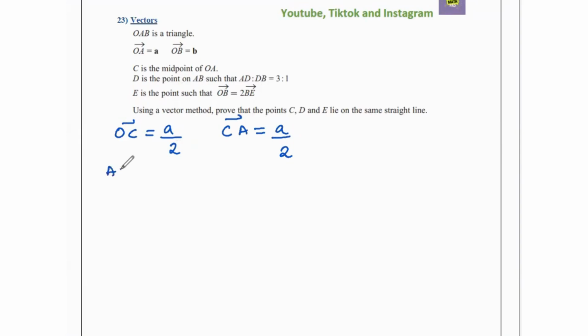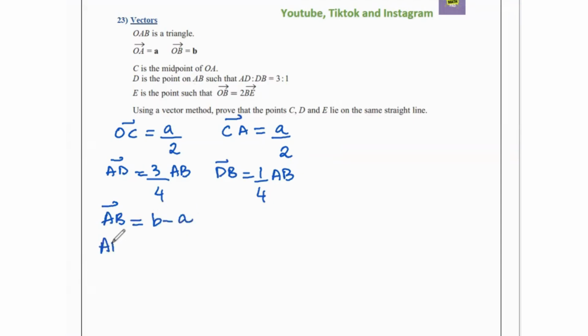So AD is going to be 3/4 of AB, and DB is going to be 1/4 of AB. Since we can find vector AB, that's going to be B minus A, which means AD is going to be 3/4 of B minus A, and DB is going to be 1/4 of B minus A.